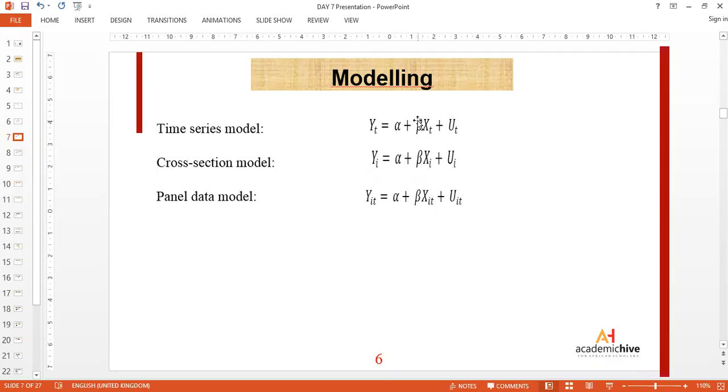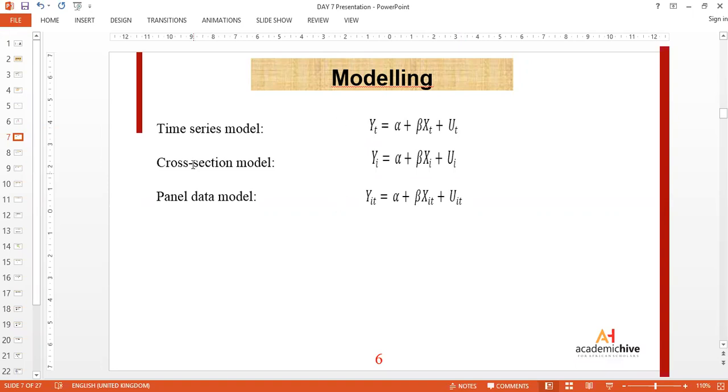So we have the y, which is the dependent variable, the alpha, which is a constant, plus the coefficient of x. This beta sign is simply the coefficient. And then the x is the independent variable, and then the u is the error term, I want to believe, if this is a regression model.